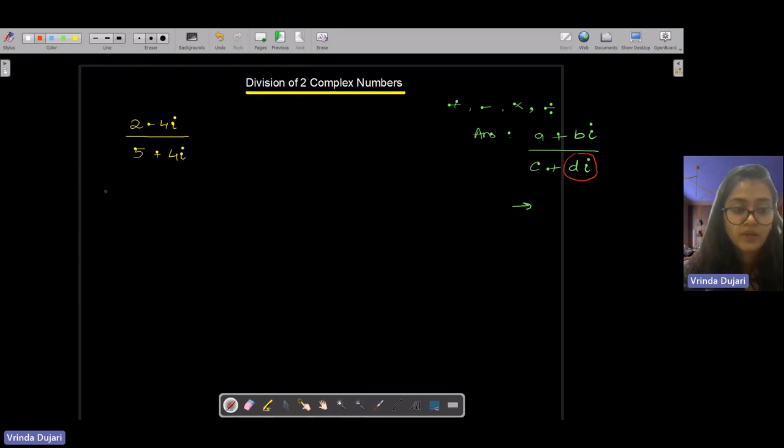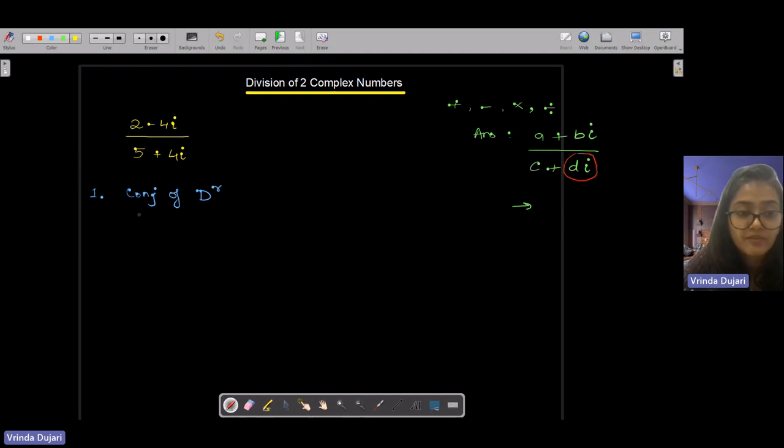So what we'll do over here is, first step. This is actually a lengthy process, so pay attention carefully. First step is, we are going to find the conjugate of the denominator.